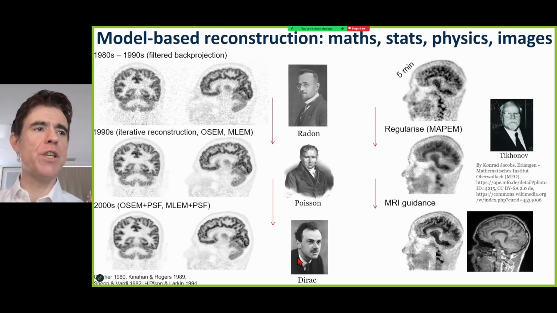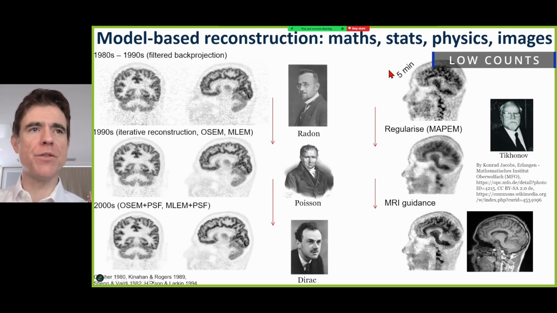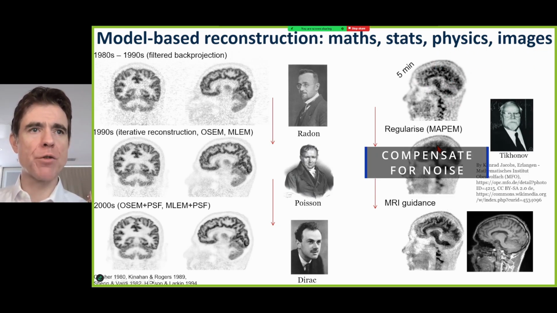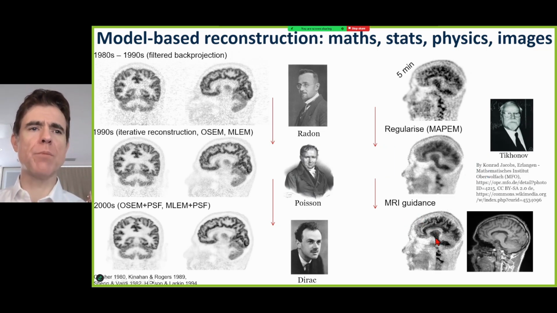And then even if we have high-quality images like that, what typically happens is that we then go to shorter scan times, and then we're in need of trying to improve image quality again. So, this is a different scan here, but if we only had 5 minutes of data, we could have a lot of noise. There's a need to regularize. But then you can lose detail, and so often we can use MR guidance information and get some kind of improvement in the reconstructed image quality.